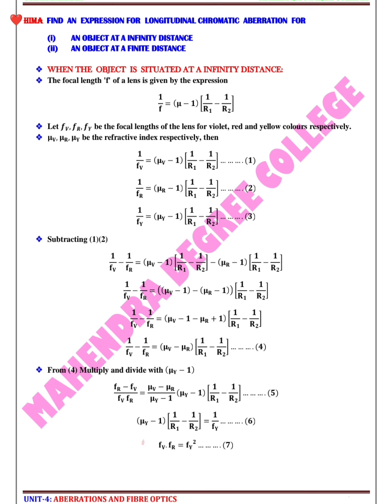This equation seems to be a specific case or approximation, possibly related to the mean focal length or a condition for achromatic combination, where the product of the focal lengths of violet and red light is approximately equal to the square of the focal length of yellow light.